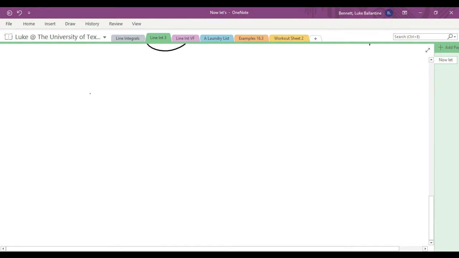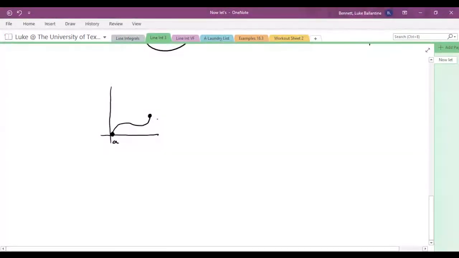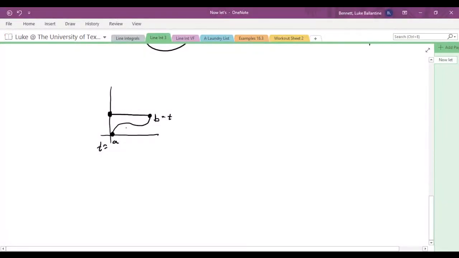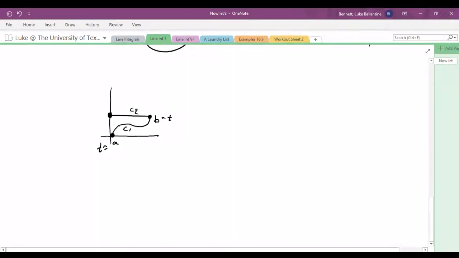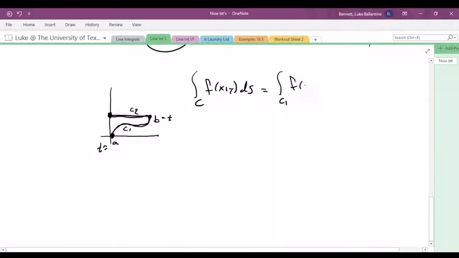I briefly said something about it, but if we have one curve, C1, say from A to B, then we have another curve, we call this C1, C2, and we call the whole thing from here all the way to here C. The integral over C of f of xy ds is actually just the integral over C1 of f of xy ds plus the integral over C2 of f of xy ds.